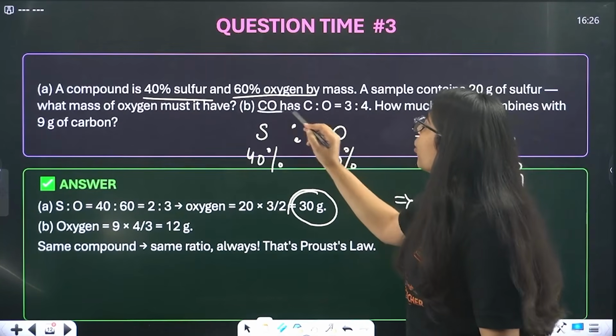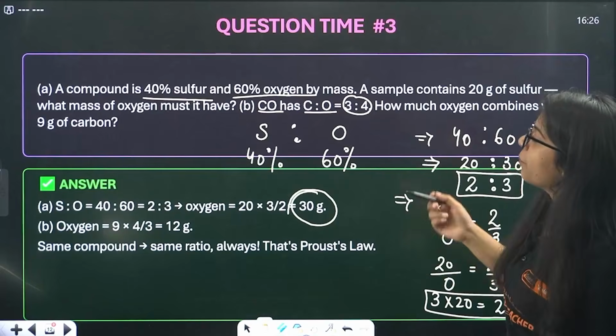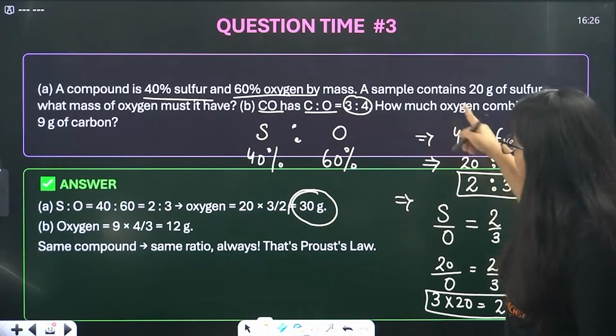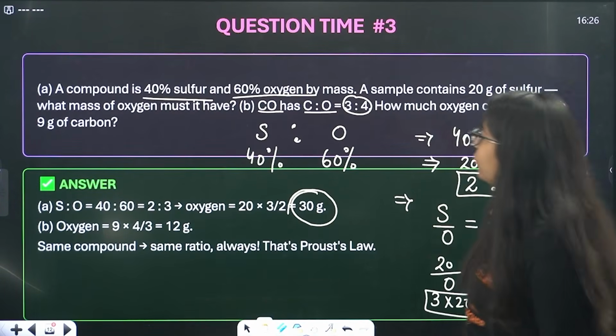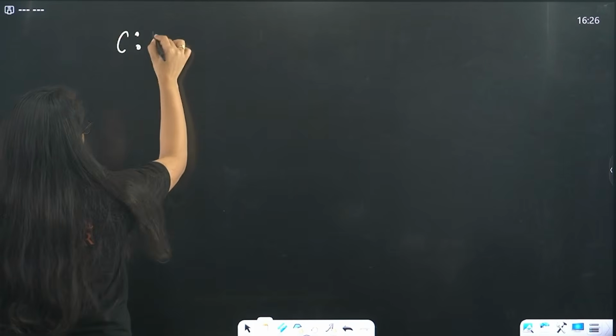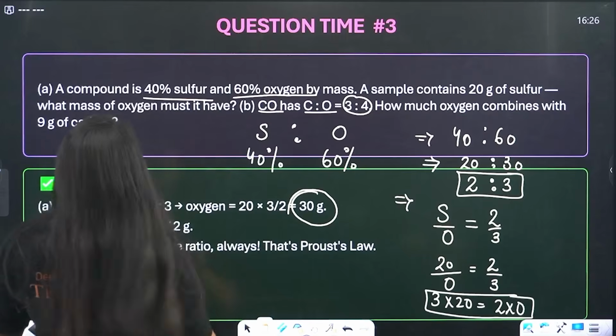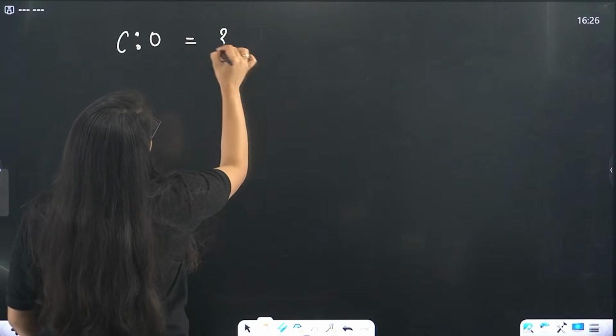Now part B: in CO, the ratio C to O is 3:4. How much oxygen combines with 9 gram of carbon? Again, you have to do the same thing. The ratio C to O was given as 3:4, and then we have 9 gram of carbon.